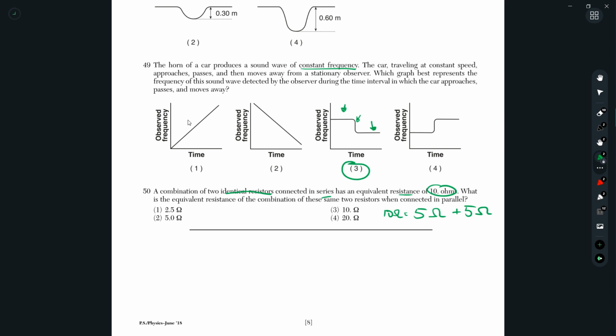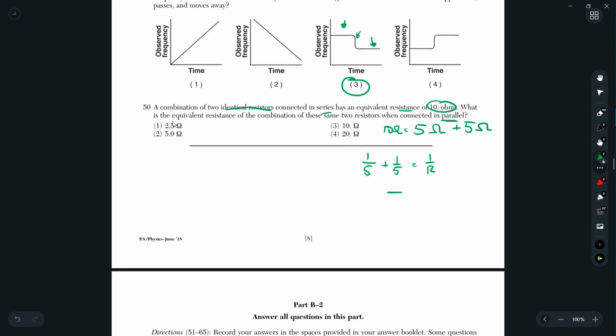But if I do it in parallel, that means I have to do 1 over 5 plus 1 over 5 equals 1 over the resistance. So that's 2 over 5 equals 1 over the resistance. So the resistance is 5 over 2, which is 2.5.